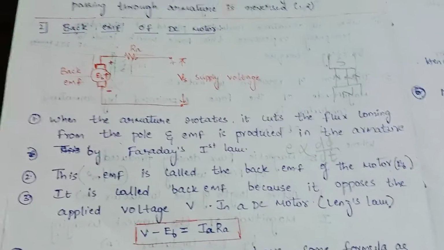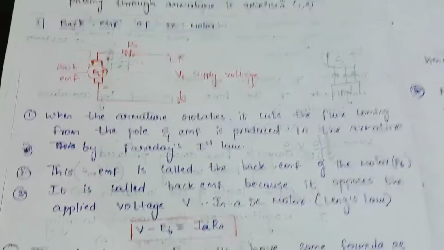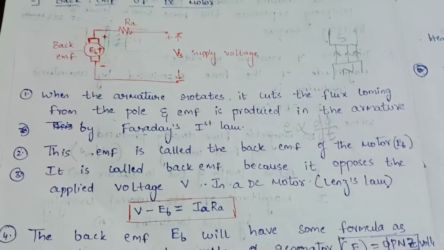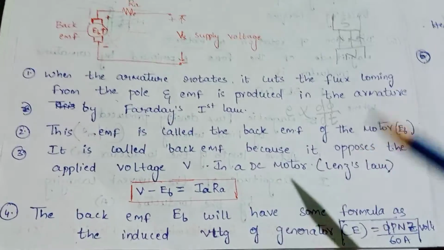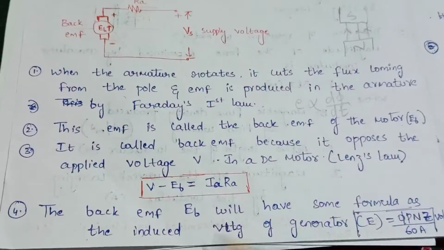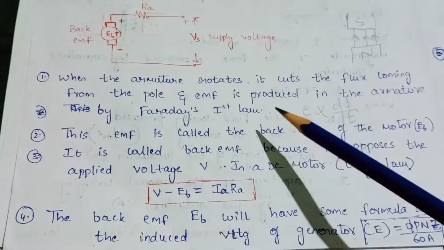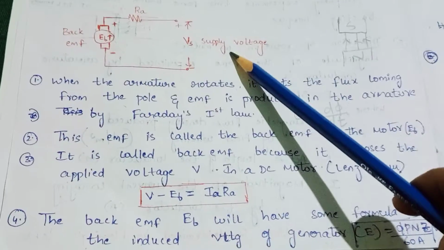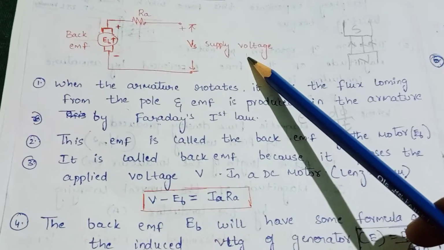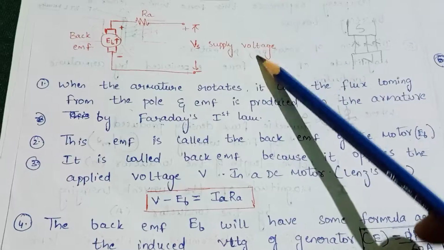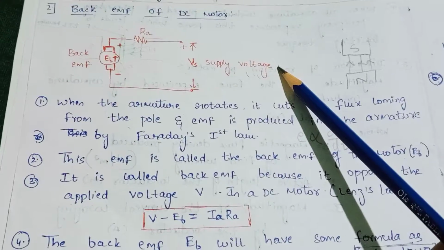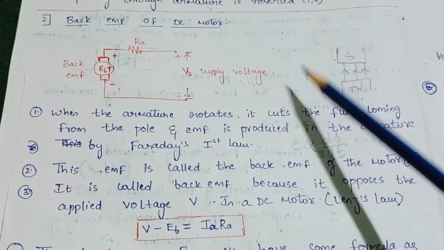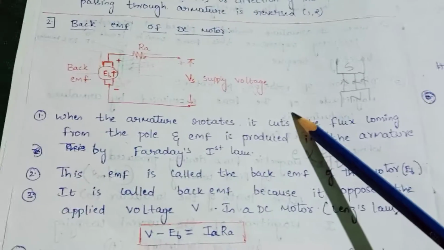This EMF is called back EMF. Why is it called back EMF? It is called back EMF because it opposes the applied voltage. That is, it is opposing the applied voltage Vs. Because of Vs, the supply voltage to the armature conductor, the armature conductor cuts the flux and the EMF is induced.